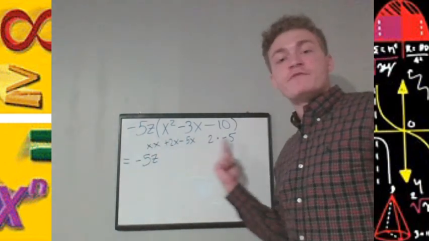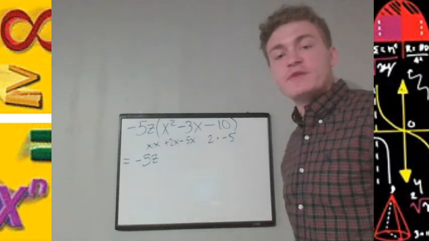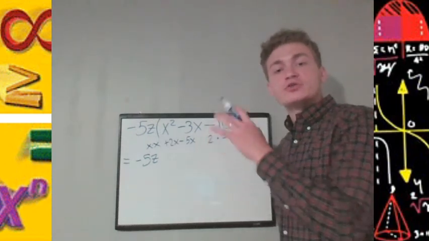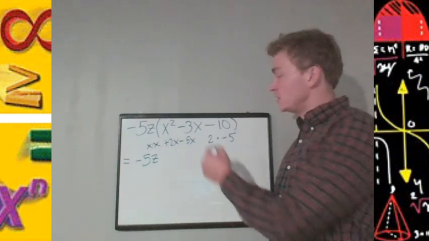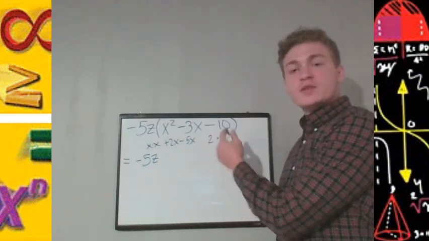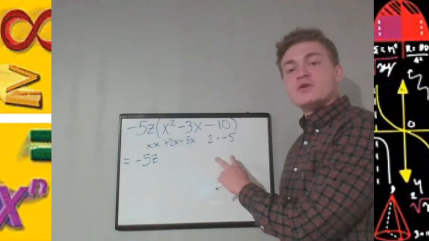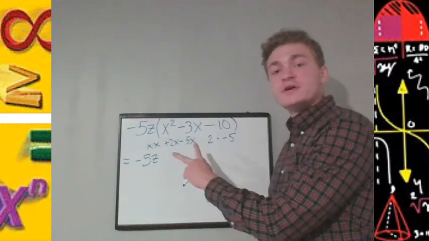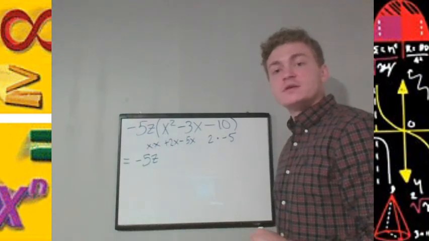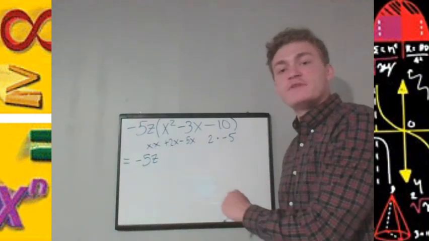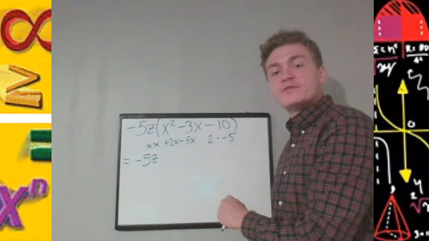So that's where our 4 steps come into play for the FOIL method. We are trying to factor the trinomial, so we are reversing the FOIL steps. The 2 integers that we get here that multiply to give us negative 10, those integers are coefficients that will combine together for our variable term, negative 3x. Positive 2x and negative 5x combine to give negative 3x.